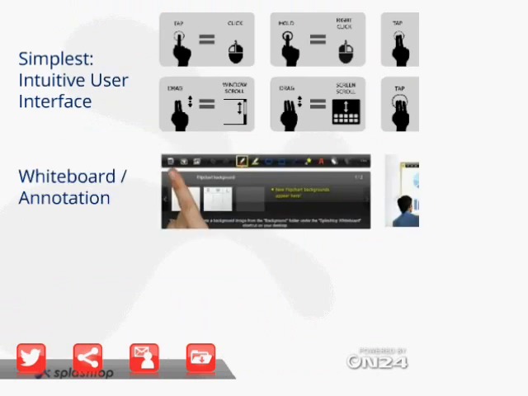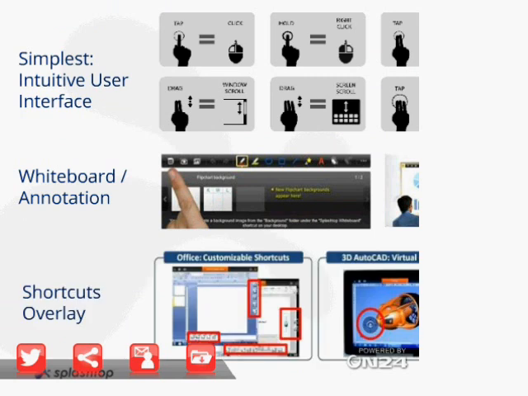In addition to that, we enhance the user experience because we also provide whiteboarding and annotation. So if you want to draw circles around something and highlight and take snapshots, you can do that with the whiteboarding and annotation. And finally, we have shortcuts and overlays. Many of these applications have maybe little buttons or things that you need to tap on, and if you have a fat finger like John does, not like I do, it's hard to pick out the little place you're supposed to tap on the screen.